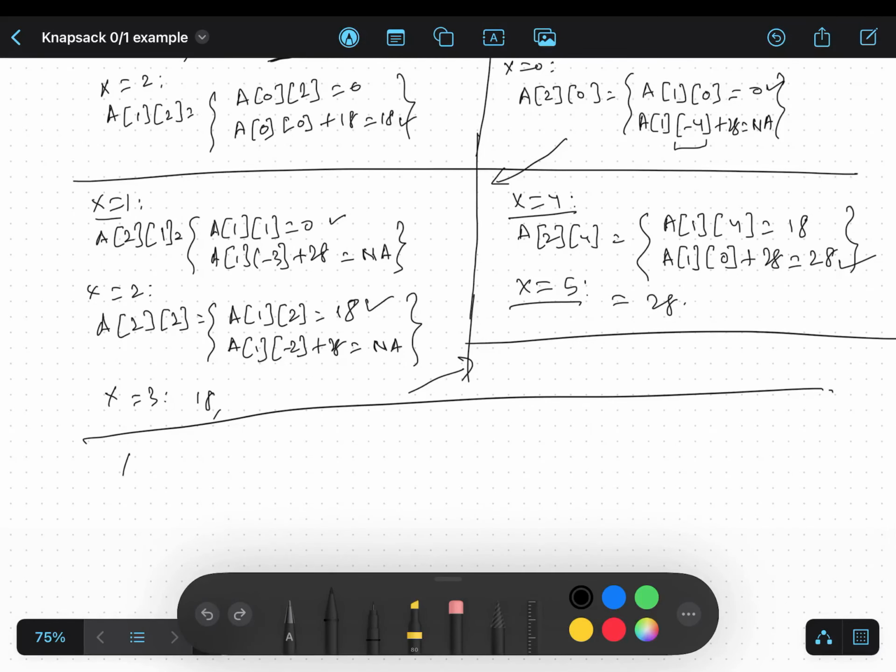Then let's move to I is equal to 3. Then w3 is equal to 3 and v3 is equal to 10.